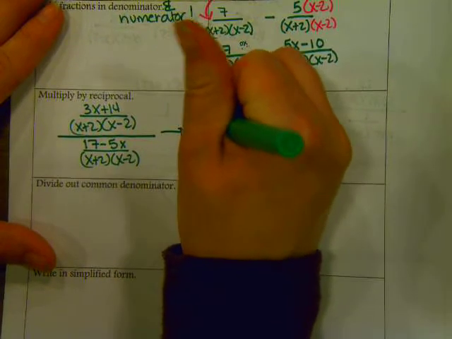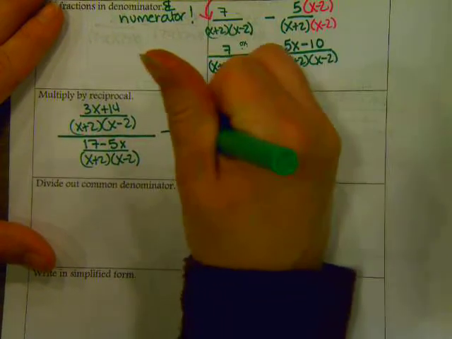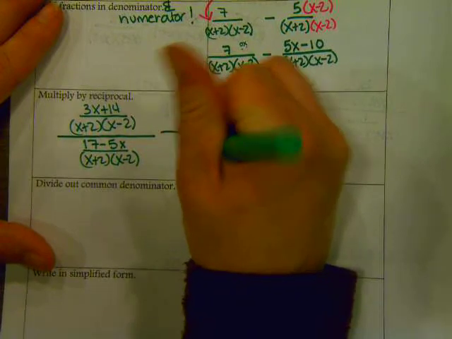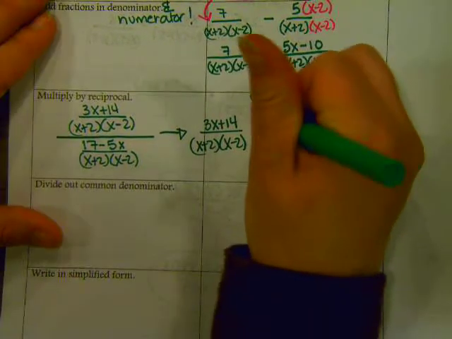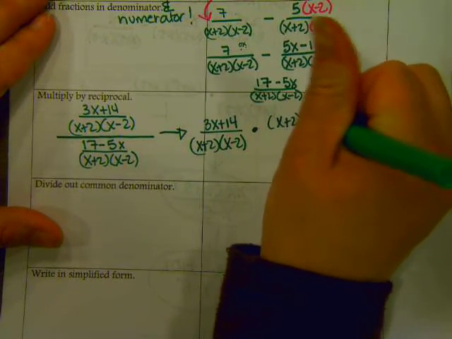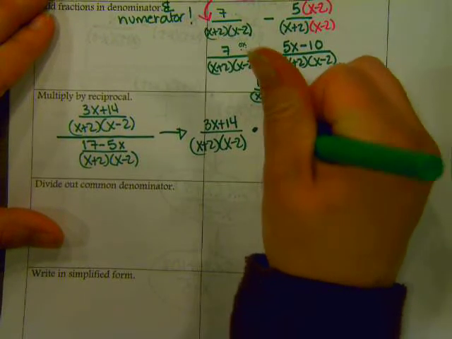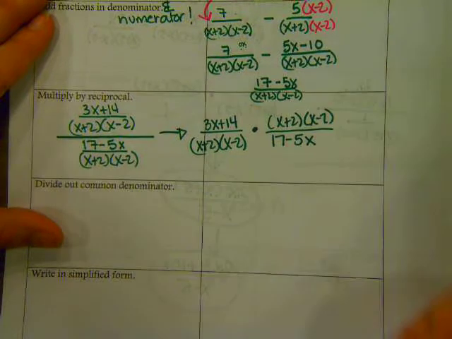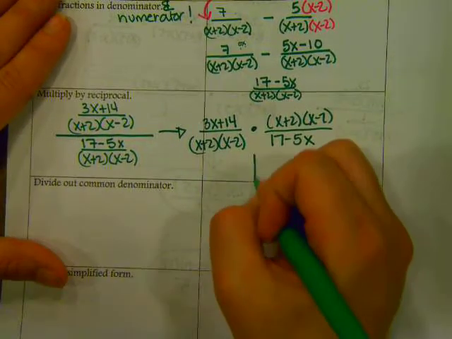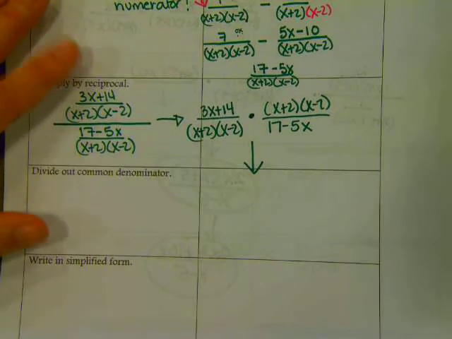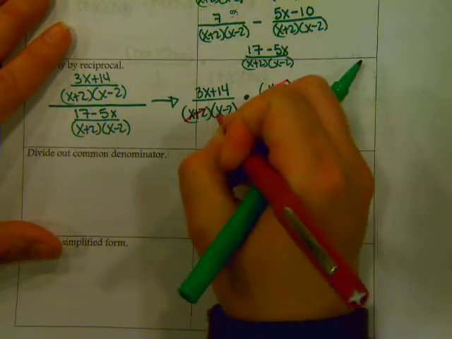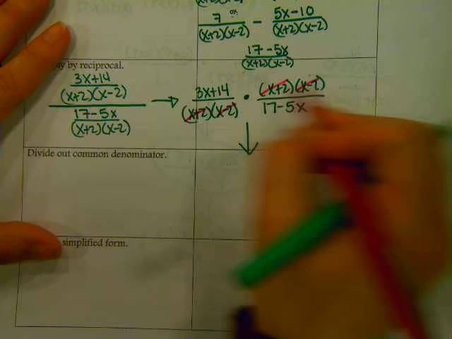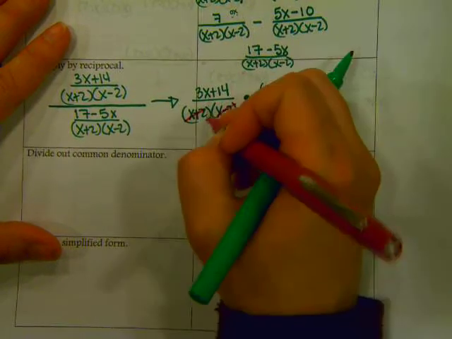So 3x plus 14, which I can't factor, so I'll just leave it like that, over x plus 2, x minus 2, times, flip this, x plus 2, x minus 2 over 17 minus 5x. Then dividing out any common denominator to get your answer is the same thing as crossing off the common factors. So when we multiply straight across, remember there's a 1 left here and a 1 here, not 0.